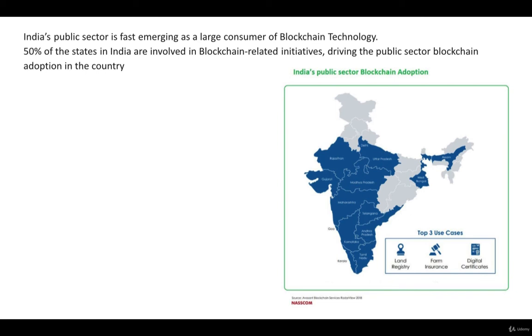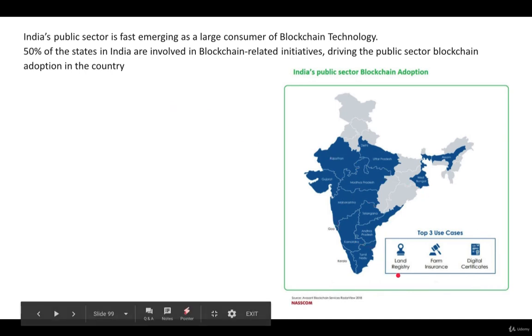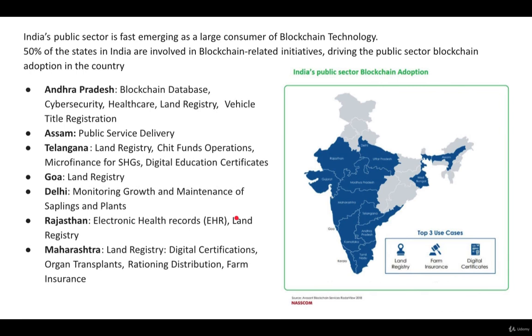So the public sector is also driving blockchain adoption across the country. With the various states shown in the figure, many of them are working on land registry, farm insurance, and even digital certificates. This source is from NASSCOM.